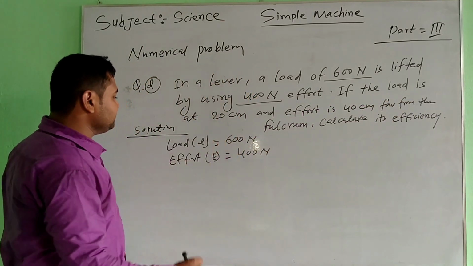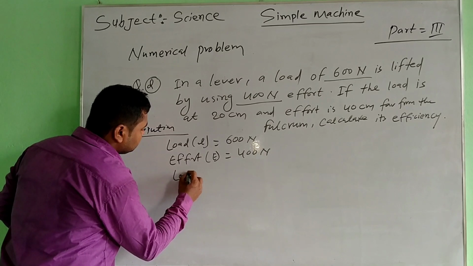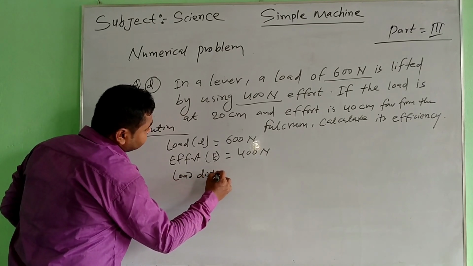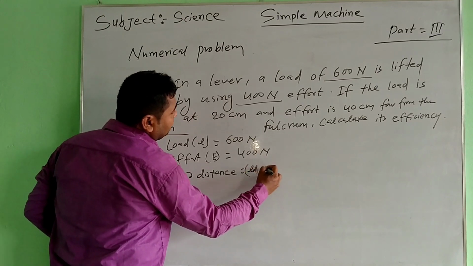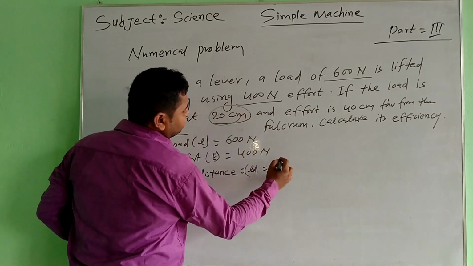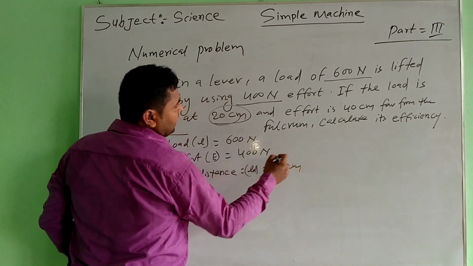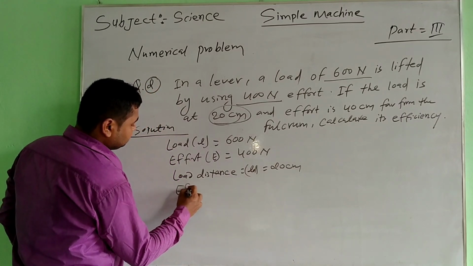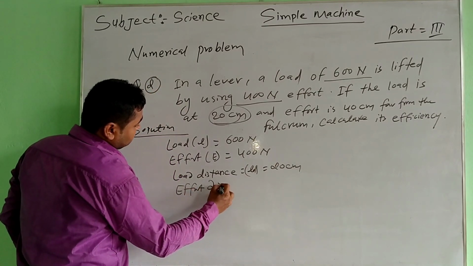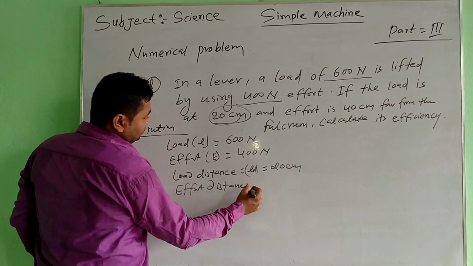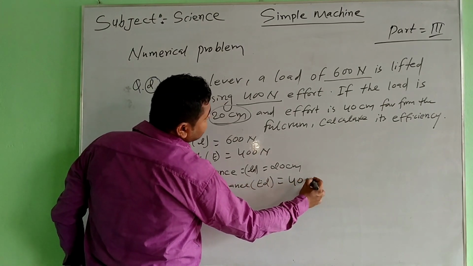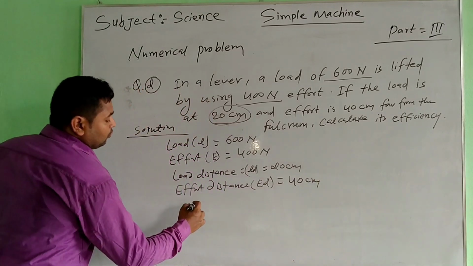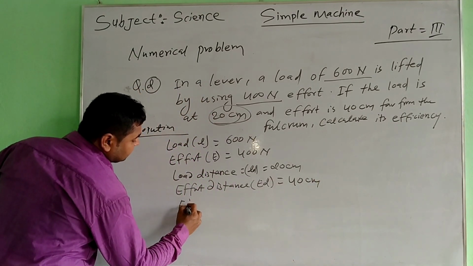If the load is at 20 centimeter, it means load distance LD is 20 centimeter. And effort distance ED is 40 centimeter. So now what do we have to calculate? Efficiency.